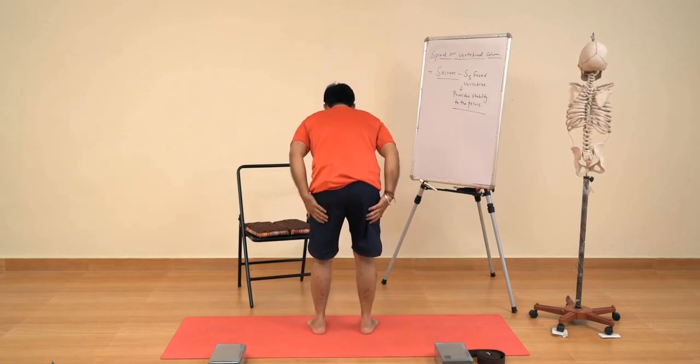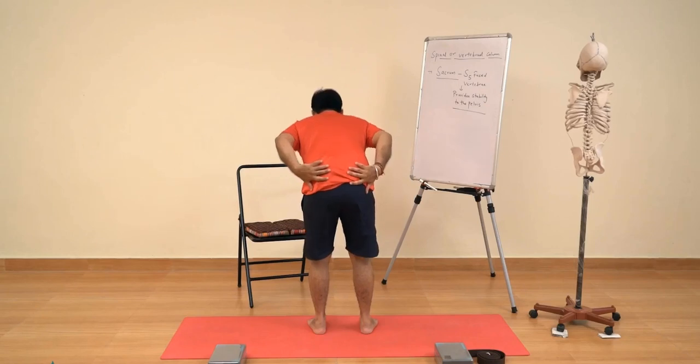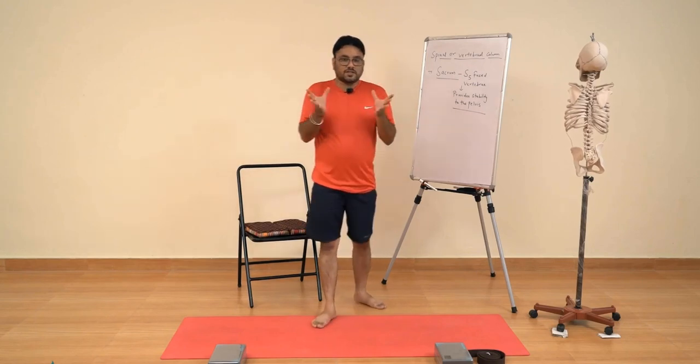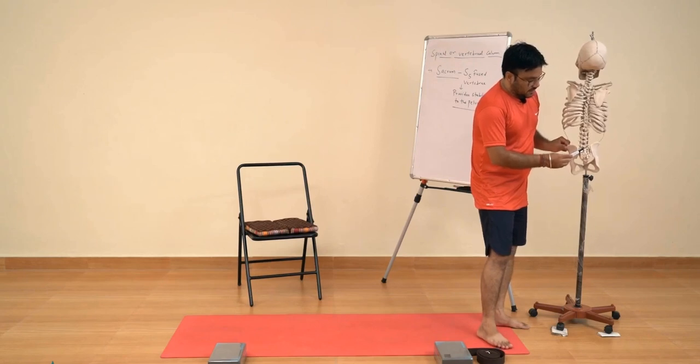You're trying to stretch, and extra pressure comes here. So people say that the ligament gets overstretched sometimes. That ligament originates from the sacrum, connecting to the pelvis here.